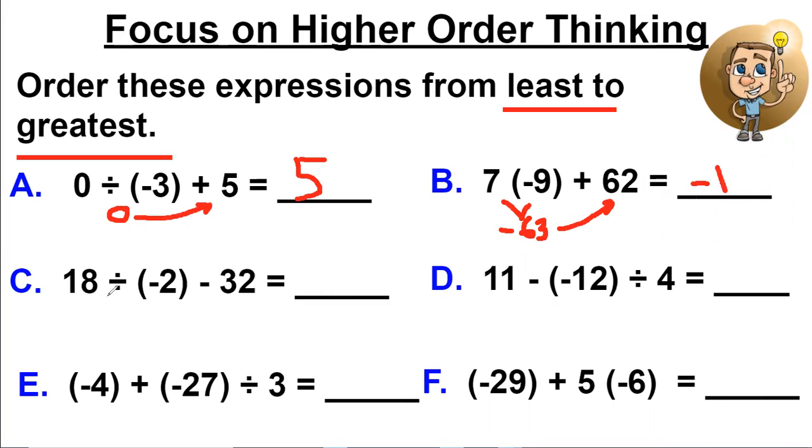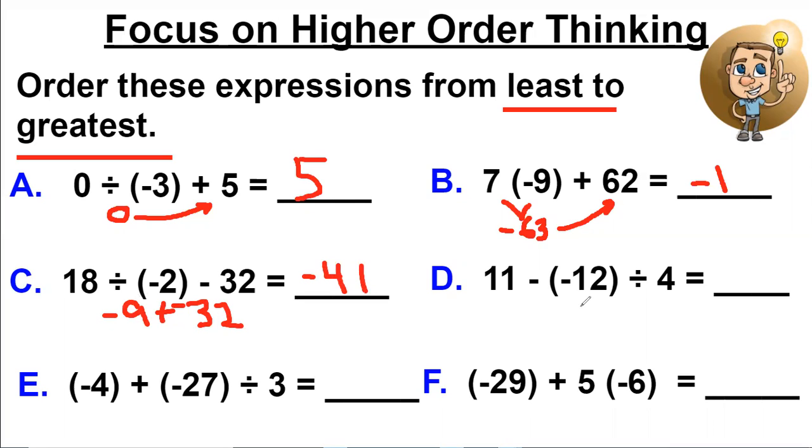18 divided by negative 2 is going to give you, yep, negative 9 minus 32, which is the same as plus negative 32. Same sign integers when you're adding, you just add them together. So 32 plus 9 is 41. They take the sign of the numbers, so negative 41.